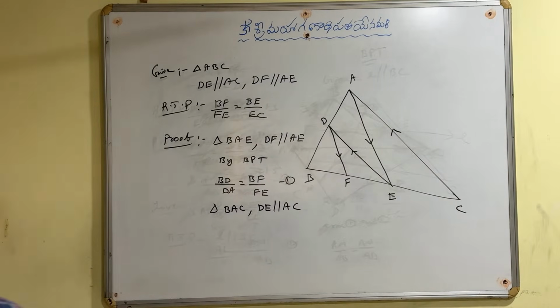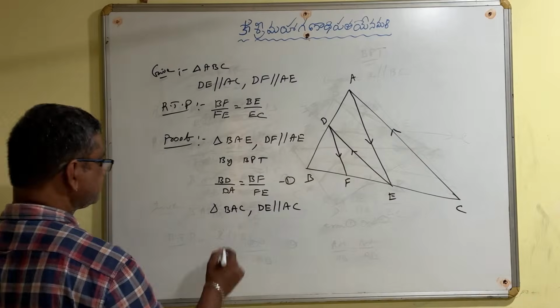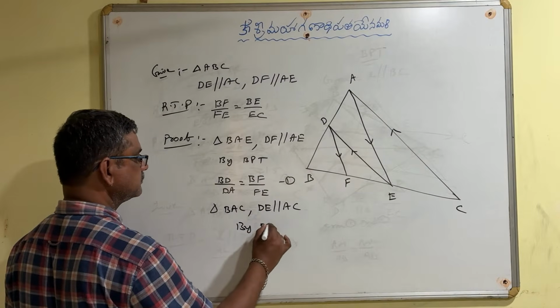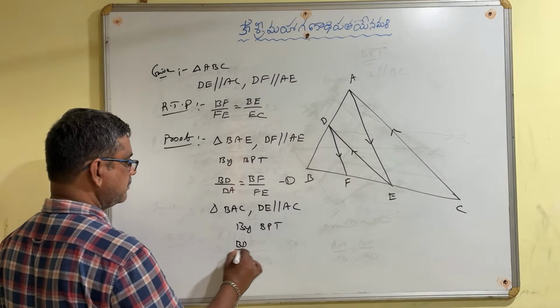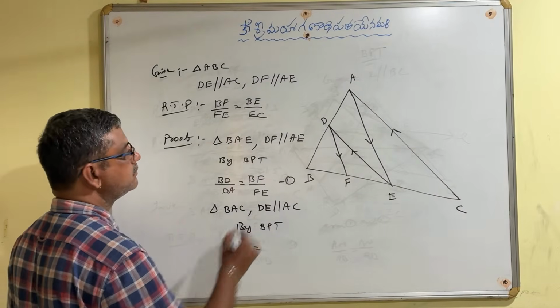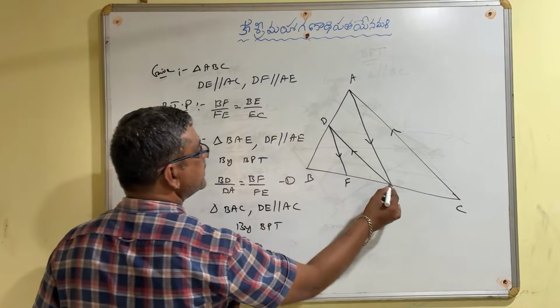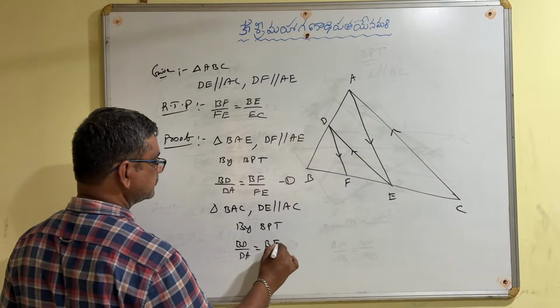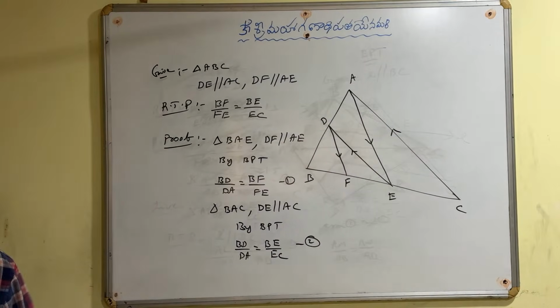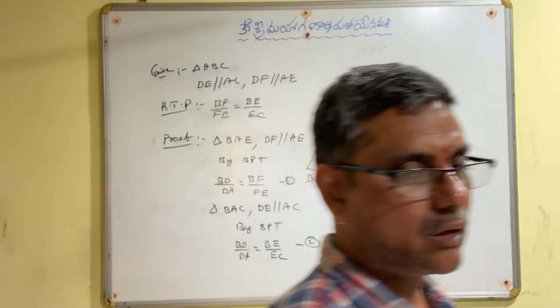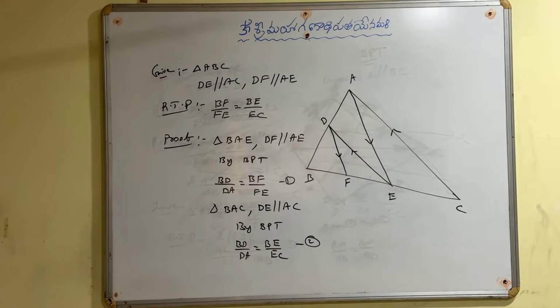Now, by the basic proportionality theorem, again, BD by DA is equal to BE by EC. Let it be 2.